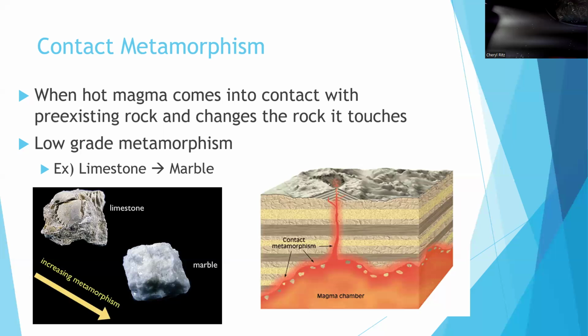That is contact metamorphism. So these rock layers that are just touching that hot lava, it's not going to be hot enough to melt them, but it will change them and make them ooey gooey around the edges. And then when they cool and harden, there'll be brand new metamorphic rocks. So when this whole situation cools, down here, this magma chamber, what kind of rock will this magma chamber turn into?